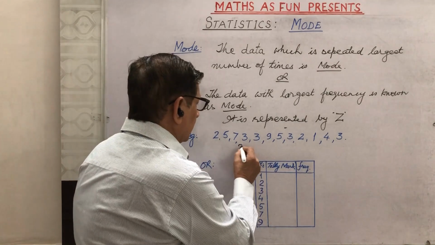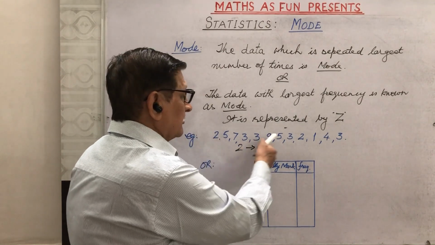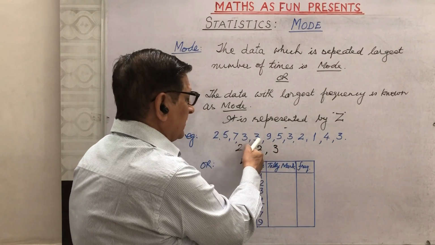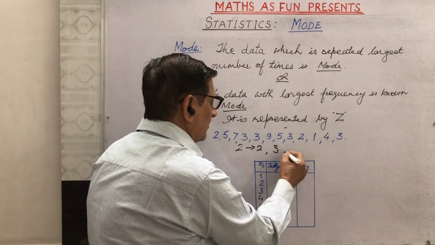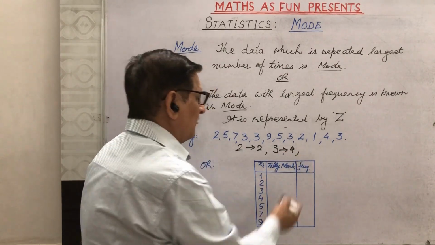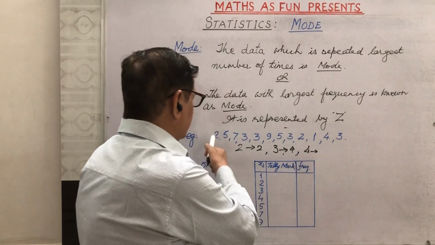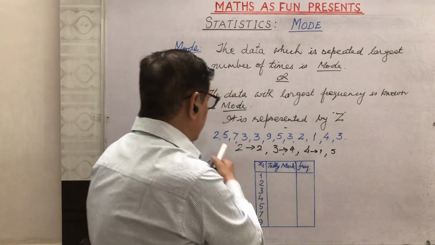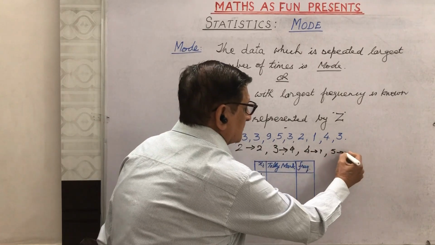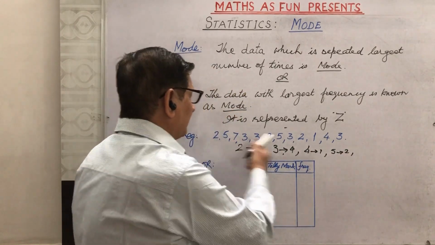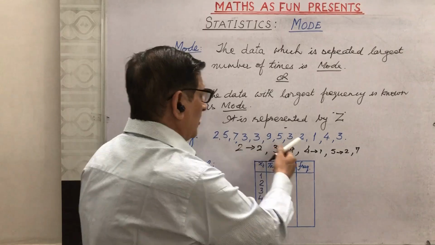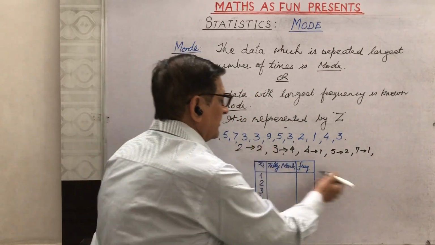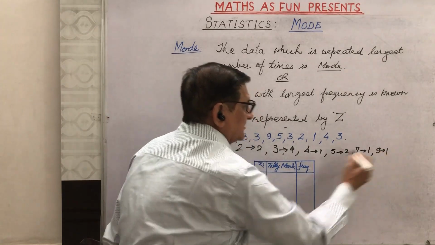Here 2 is repeated twice, 3 is repeated 1, 2, 3, 4 times, 4 only once, 5 twice, 7 only once, and 9 only once.